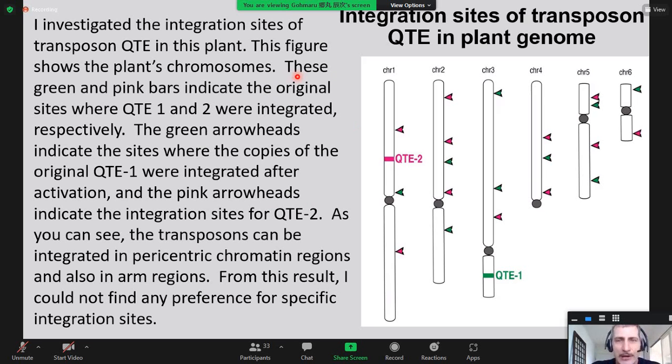Focus on the main character, not on green and pink bars and green and pink arrowheads. In this original version, these are in very strong positions, but this is not a story about bars and arrowheads. This is a story about something else.